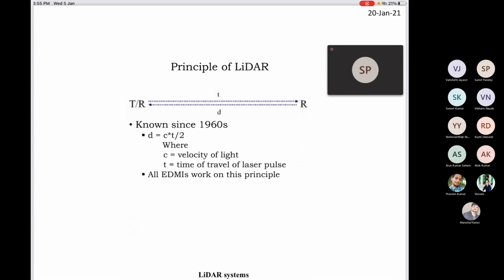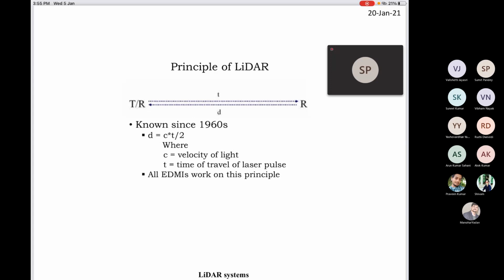So this LiDAR principle is based on the time of flight, that is the measurement of range using the laser source, where we calculate the total time of travel and divide it by 2. When the laser travels in the medium air, we consider it travels with the speed of light.